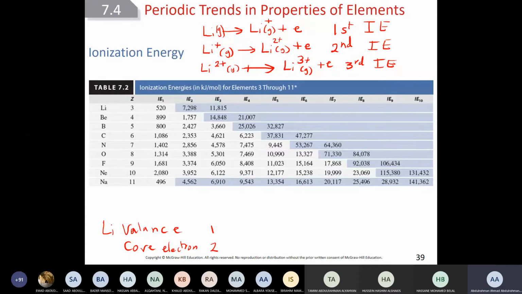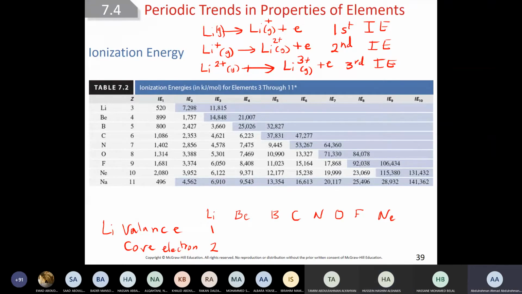What's the valence of Be? Look at your periodic table. Tell me lithium, Be, B, and then after B, carbon, and then nitrogen, oxygen, fluorine, and neon.